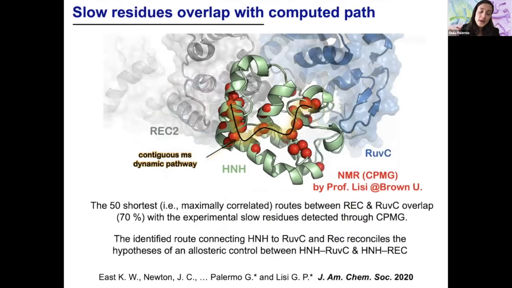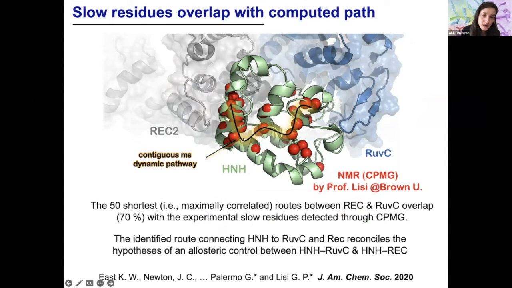So we applied these methods and we identified what we believed to be the pathway for the information transfer between the recognition region, so where the DNA binds, to the nuclease domains.